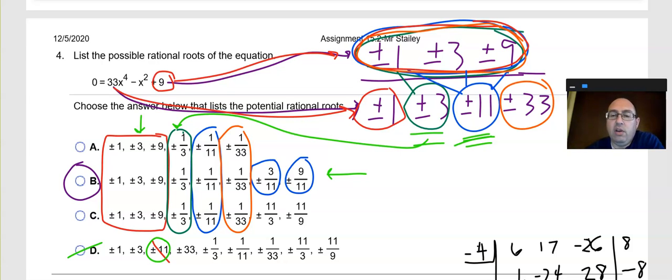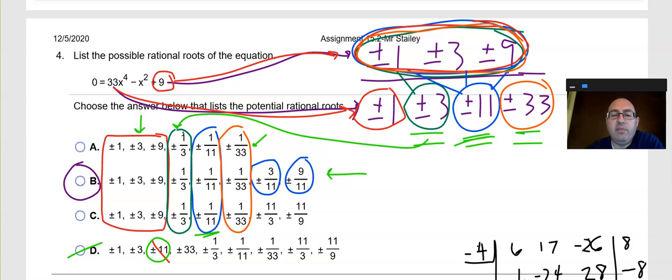Now, just for argument's sake, we went to the last one. I circled that in orange. 1 over 33, that's where I circled this in orange right here. All of them had 1 over 33. Now, 3 over 33, well, that's 1 over 11. They all had that. And then 9 over 33, that's 3 over 11, which was a repeat, but only B has that one. So B is the correct answer.